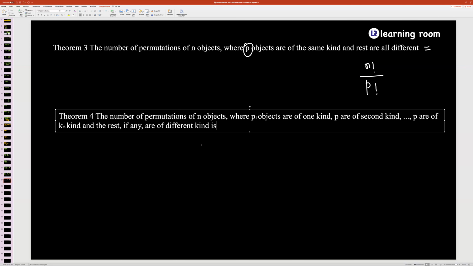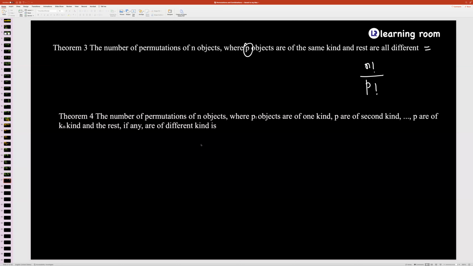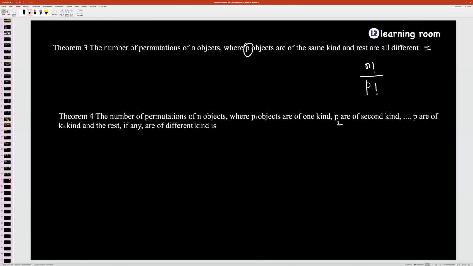Okay. Theorem number 4 states: the number of permutations of n objects where p1 objects are of one kind, p2 are of second kind, and so on till pk are of kth kind and the rest all are different.